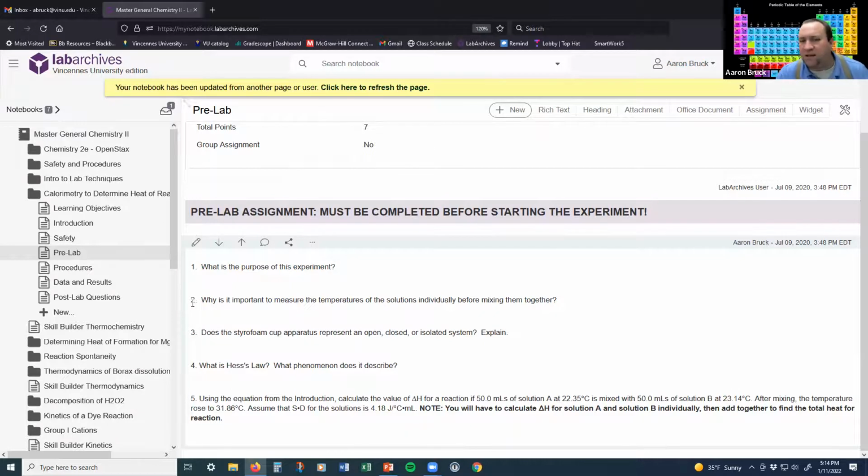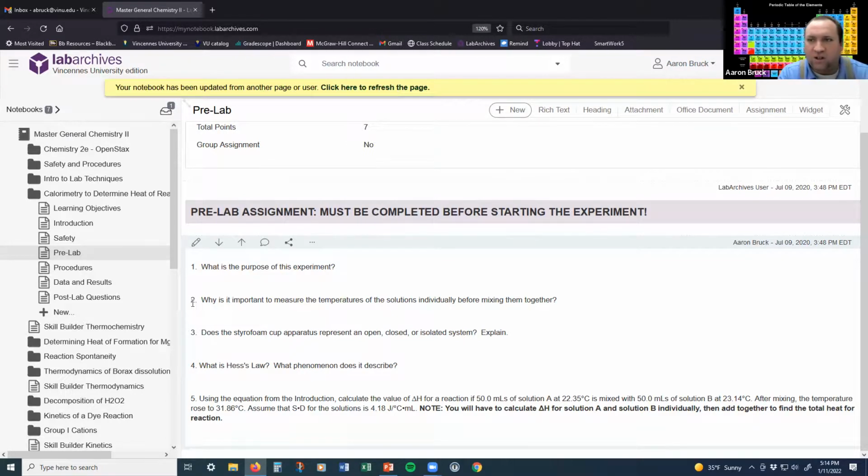Number 2, why is it important to measure the temperatures of the solutions individually before mixing them together? Well, so one complication of our technique for calorimetry is because the 2 things that we are reacting together are both in solution. And since they're both in solution, we're going to need to calculate their heat changes, their Qs, individually.